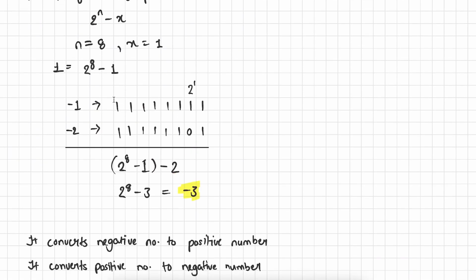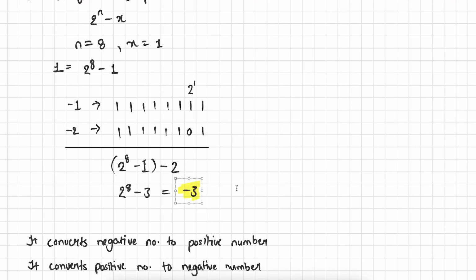Because if all the bits are 1, then it is represented as 2 to the power 8 minus 1 in negative numbers. And if you want to represent 2, then we simply unset the bit of 2, right? And we subtract it. So we get 2 to the power 8 minus 3. It means our 2 is represented in 2's complement in the form of -3.